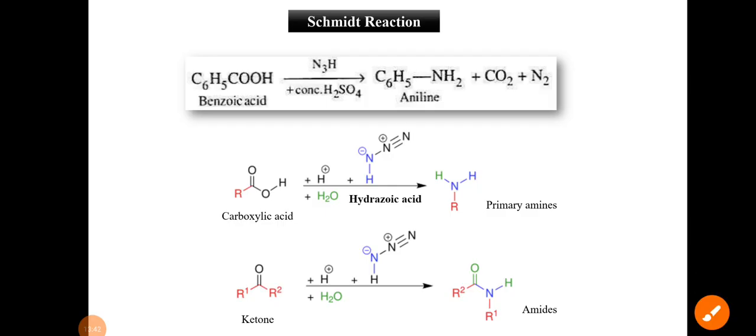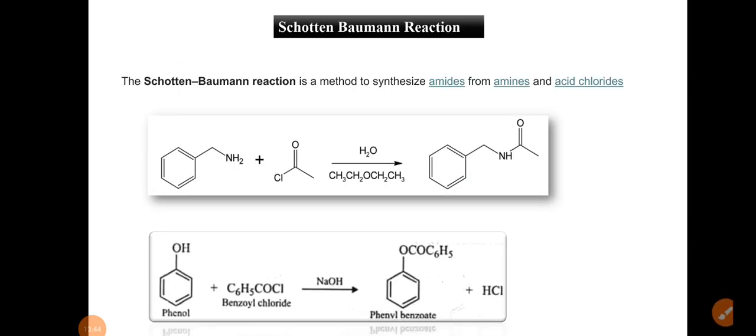Okay, the next reaction is the Schotten-Baumann reaction. What is the Schotten-Baumann reaction? It is the reaction between a primary amine and an acid chloride to give amide compounds.